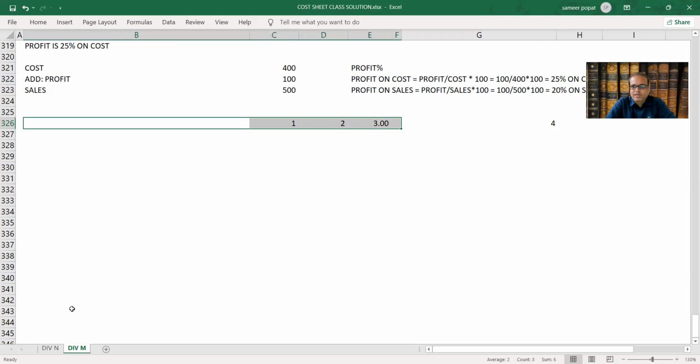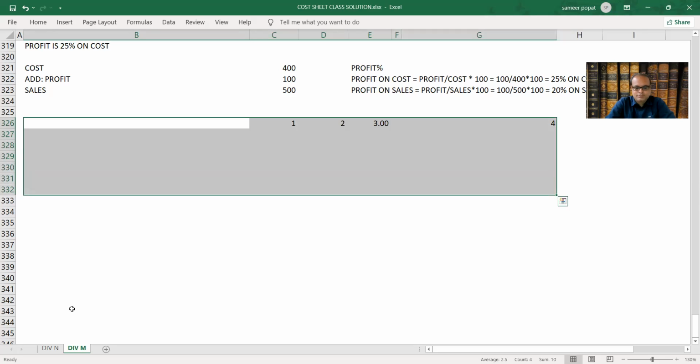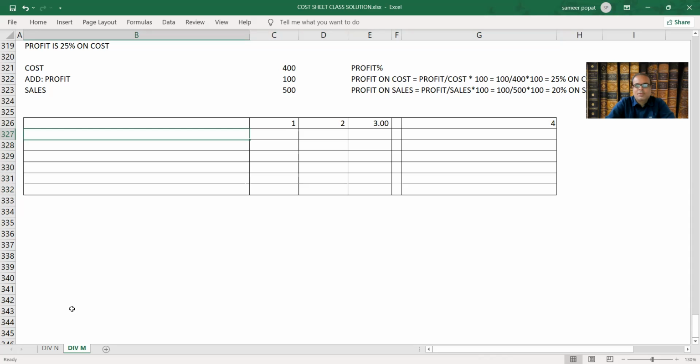Suppose I take 4 different cases. Suppose in case 1, cost is, let us say, 5,000. Sales we need to find. In case number 3, suppose sales is 8,000.